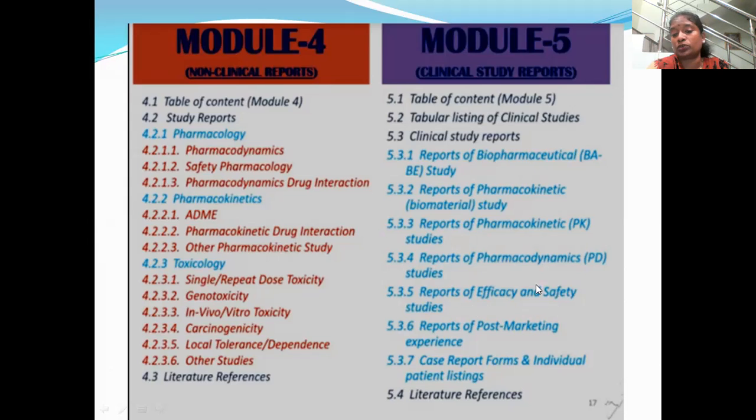So all the reports you have to submit in module 5, and the reports of post-marketing experiences also, and if you found any case report forms and individual patient listings, those also you have to include, and literature references, where you got this information, all those things you have to submit in module 5.